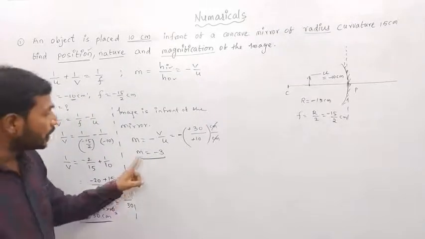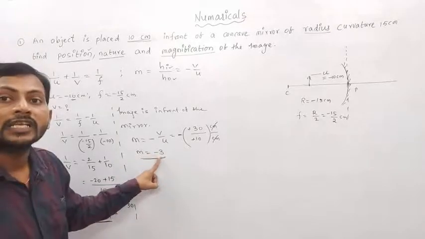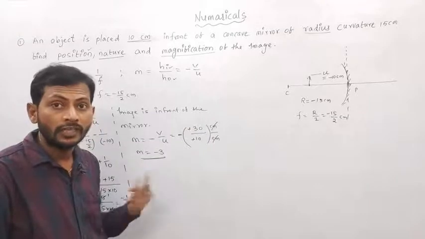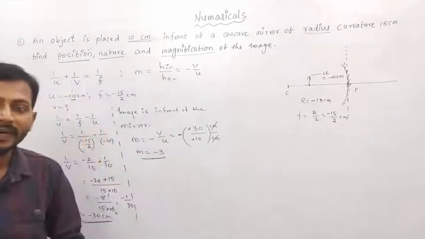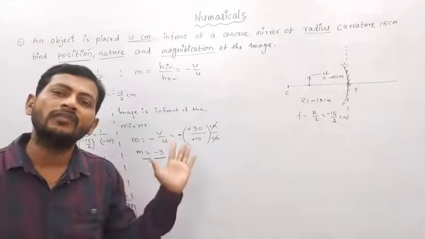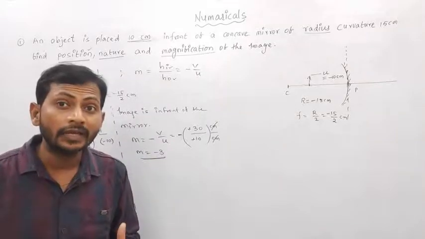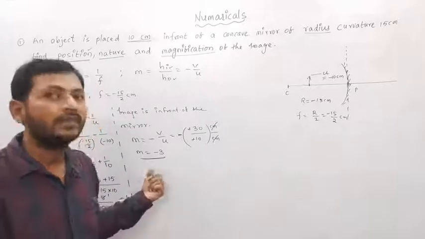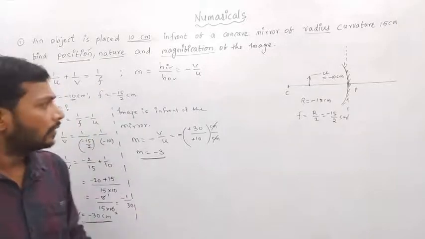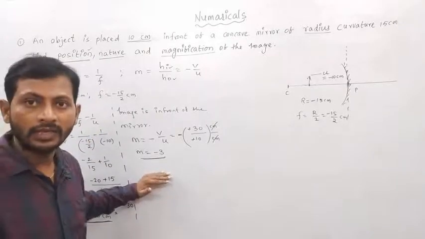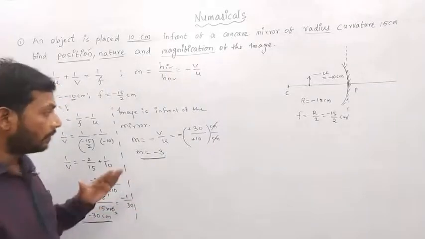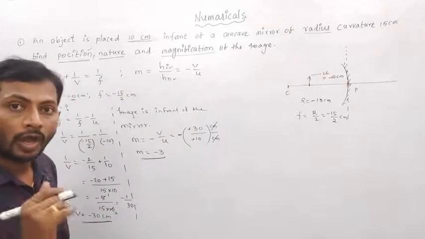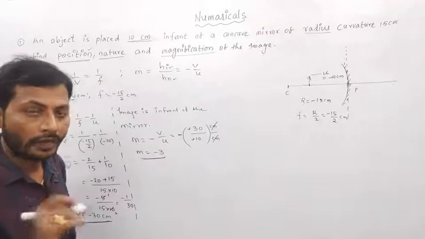Here, this m equals minus 3, what is it going to explain? By this small term, m equals some small number, it gives very large information; we can create many more questions on this magnification. So now I will explain about this. Please don't think that in the middle of the numerical this is another topic; it is important for us for competitive as well as regular purposes.